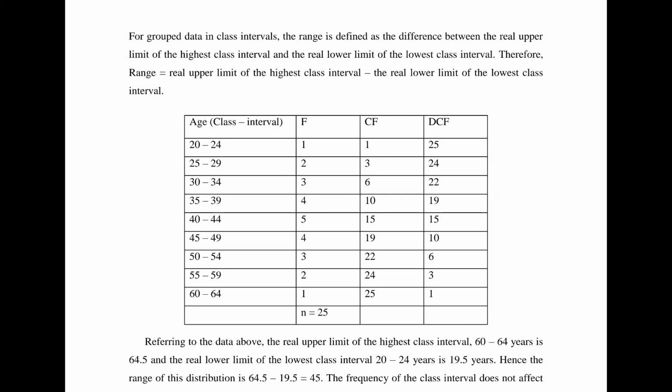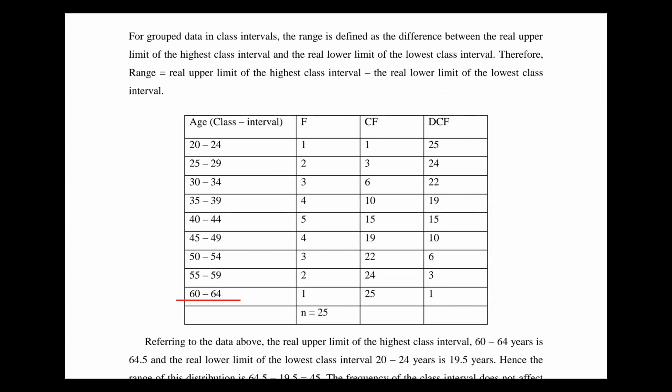For example, referring to the same data above here, the highest class interval is from 60 to 64, and the lowest is 20 to 24.